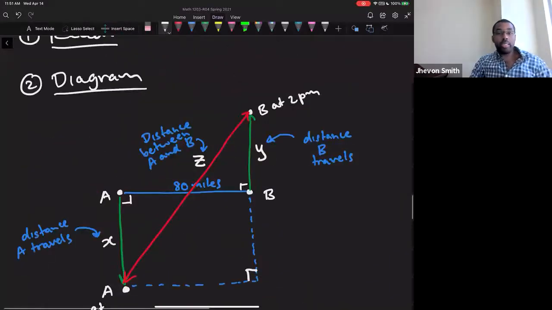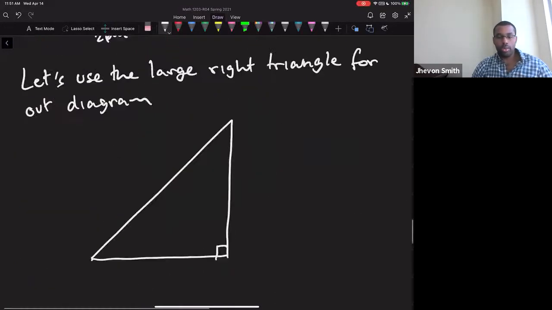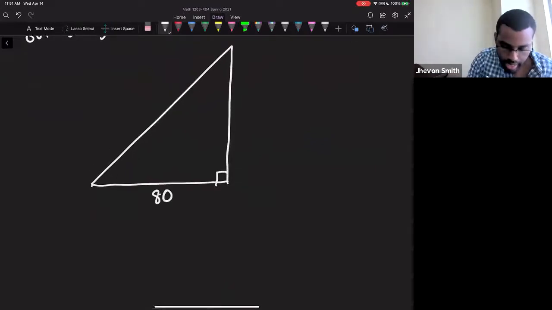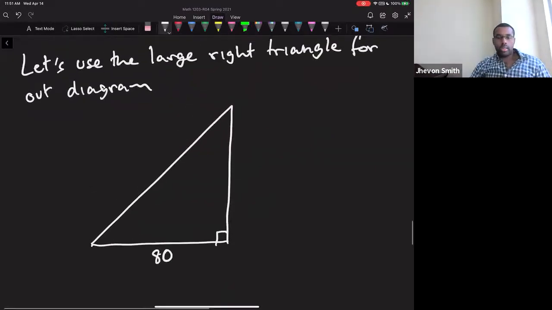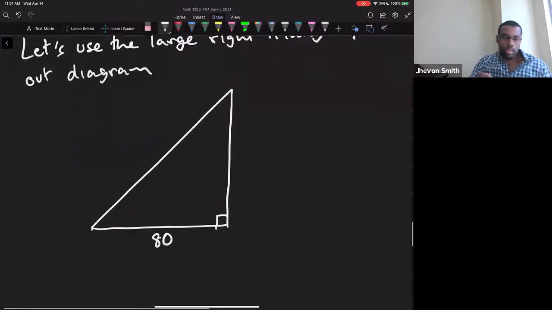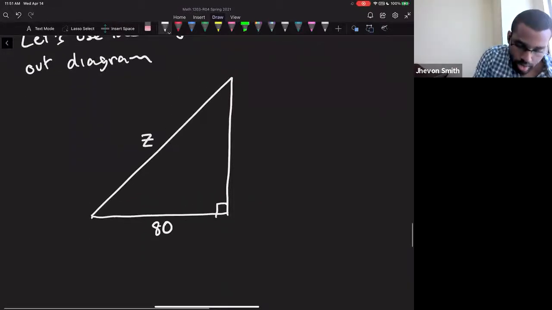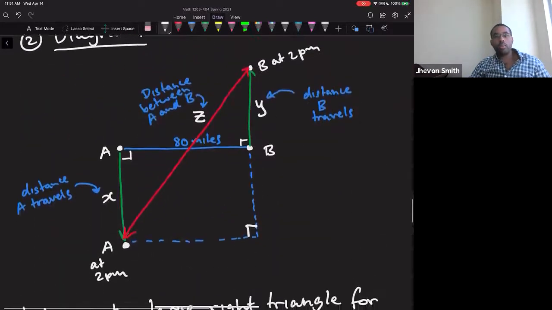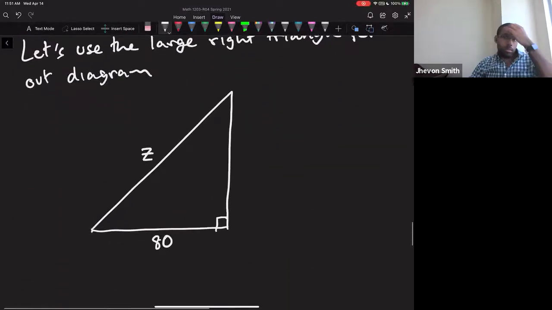The length of the base is 80. That's not changing because A and B are moving vertically. So how do I label it when it's not changing? With a constant. It is 80. All right. Now this length here, we already called it Z. And what is the big length? What is the vertical height?